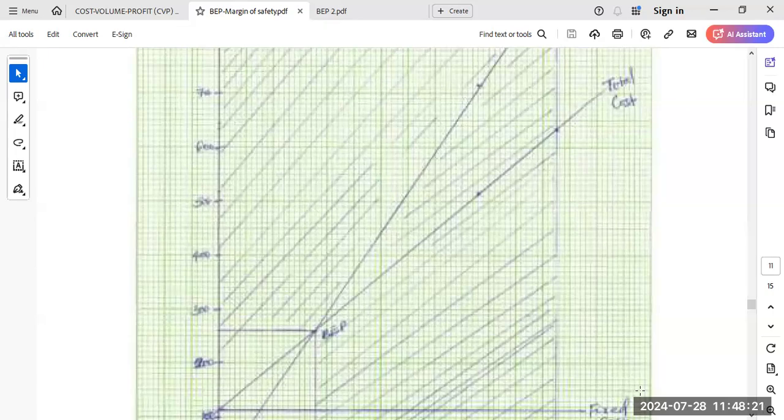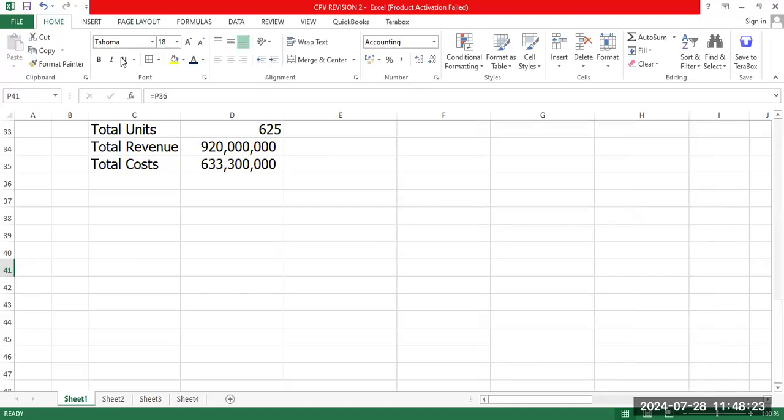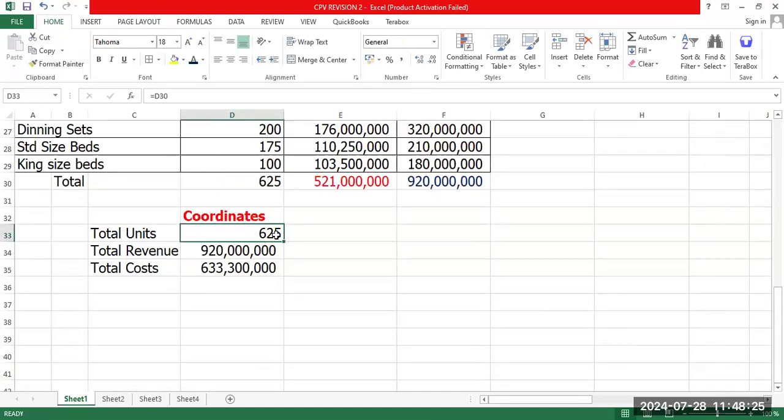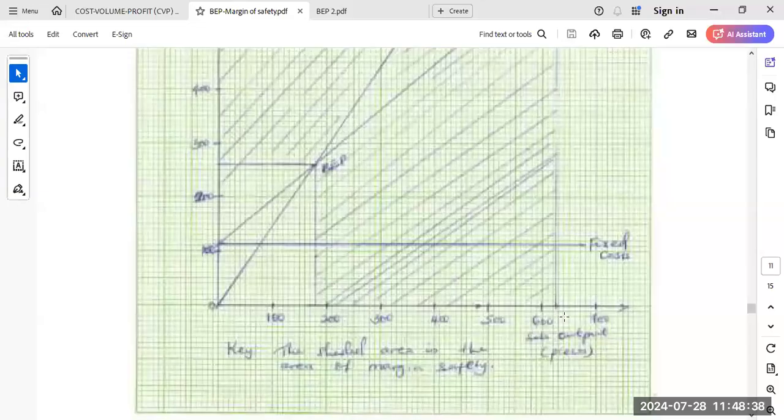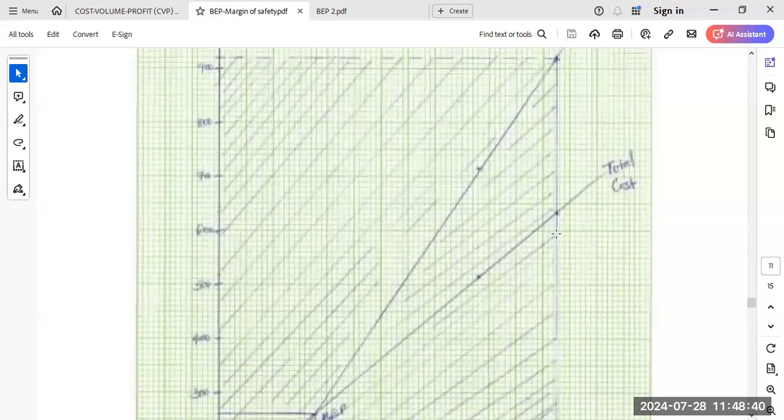The next coordinate, this side, you stand here on horizontal axis, look for 633 on vertical axis. This is where you stand, 625. Look for 633. This is 600.